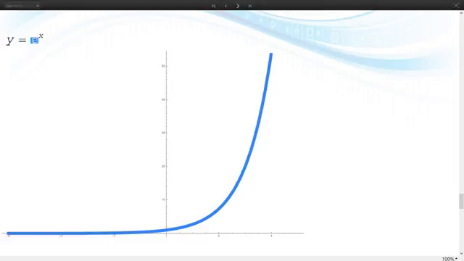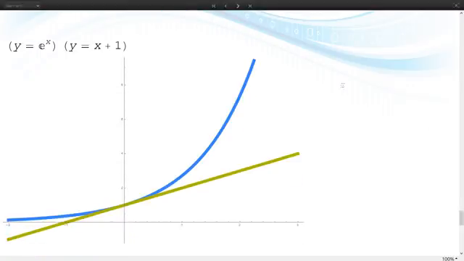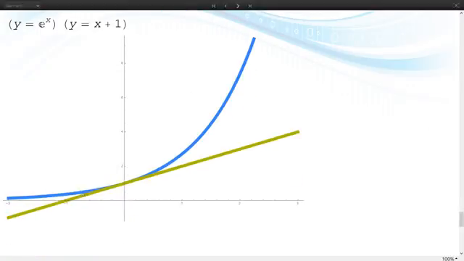E is defined as the number where if we have an exponential function with it as the base, then the tangent line when x is 0 has a slope of 1. There are other ways you can define e to the x. They all come out to be equivalent to each other, but that's, I think, the most common definition of e. So here's a graph of e with its tangent line. E to the x is the blue curve, and the tangent line is the yellow curve.